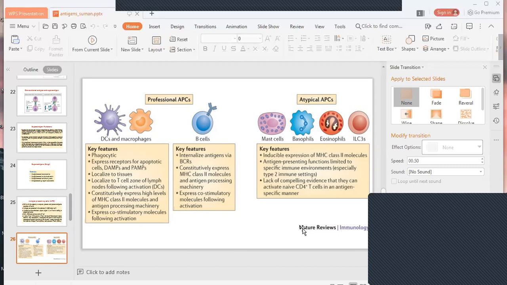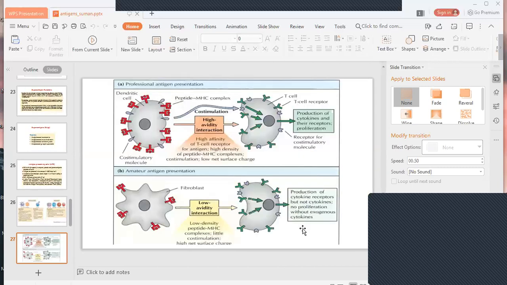So these are examples of professional and atypical antigen presenting cells. The difference between the two is that the ability of antigen antibody complexation is high in the professional APCs rather than the amateur APCs.